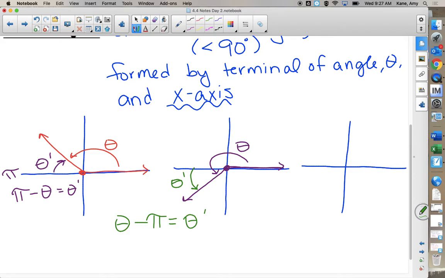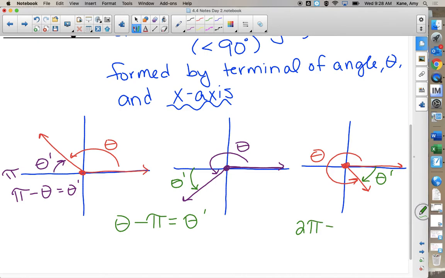And then the final option would be an angle in the fourth quadrant, all the way around. So here would be my reference angle. It's also a coterminal angle. So in this case, it's not quite at pi.